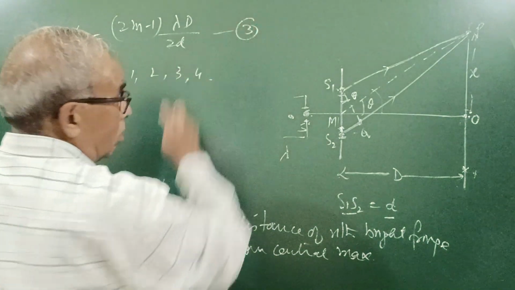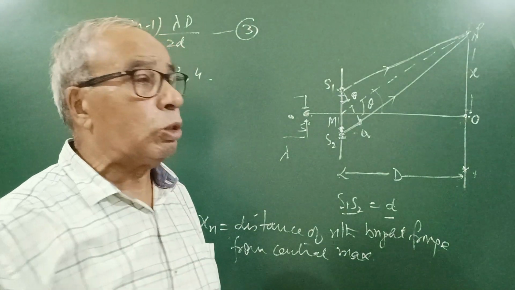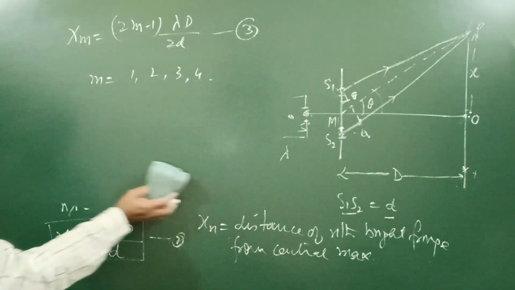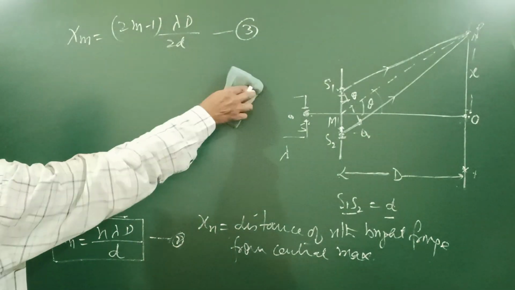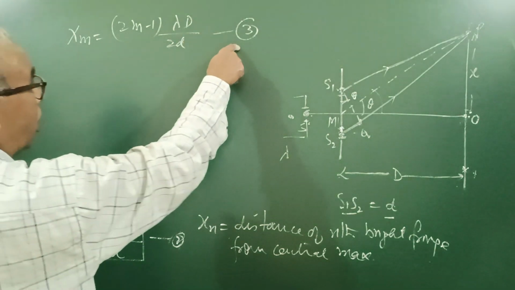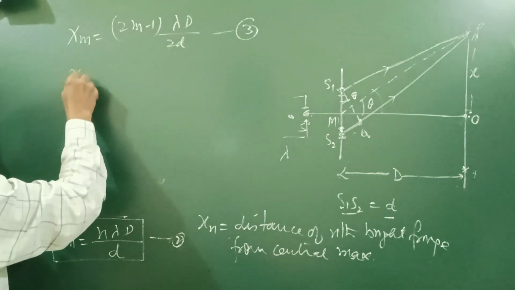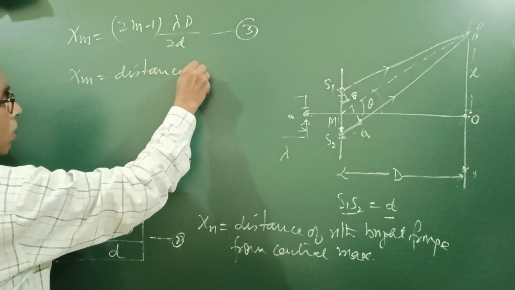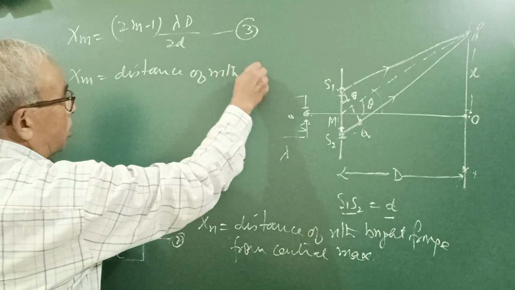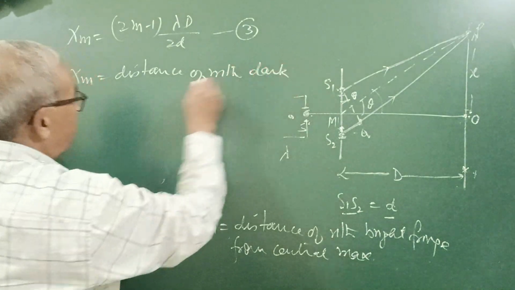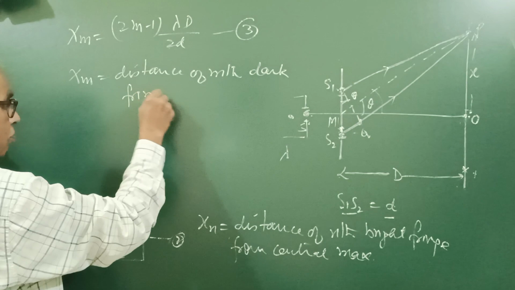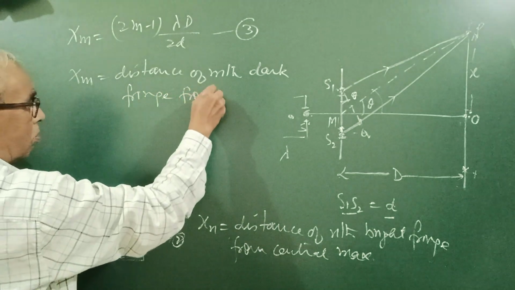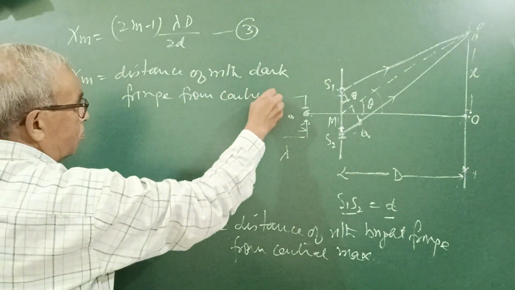Now, as I have shown you in the diagram, here I got two things. Xm, distance of mth dark fringe. What is Xm? Distance of mth dark fringe from central maximum.